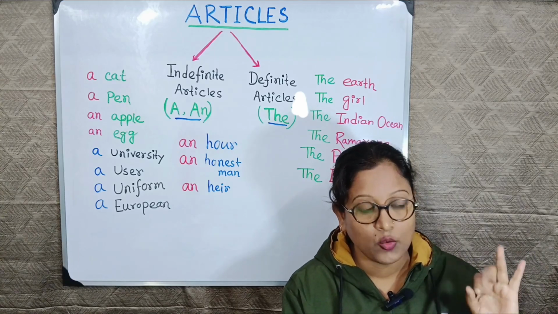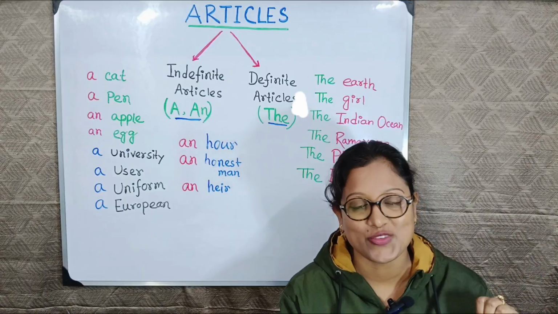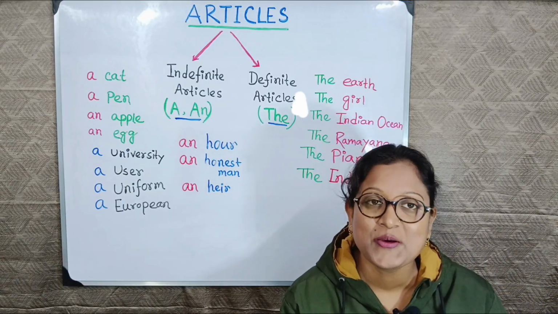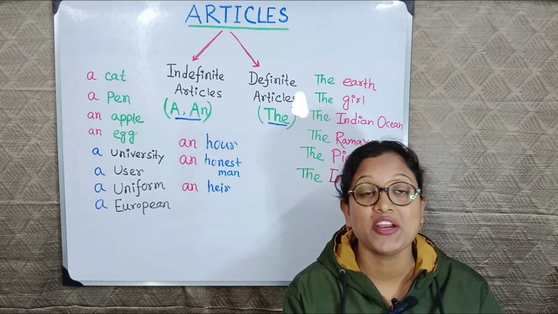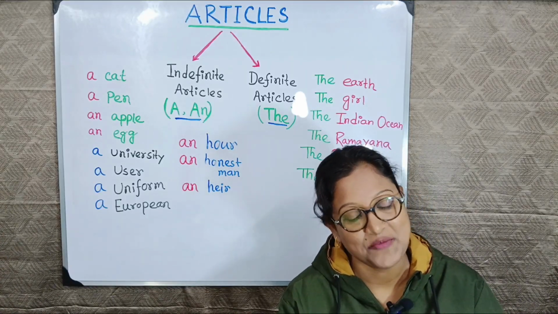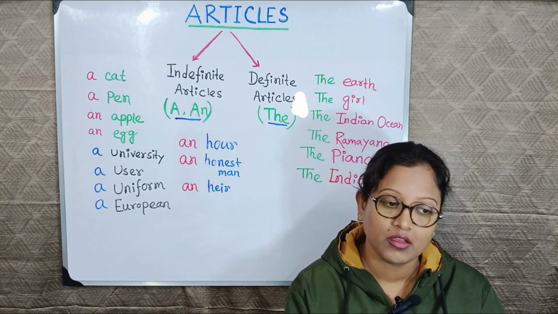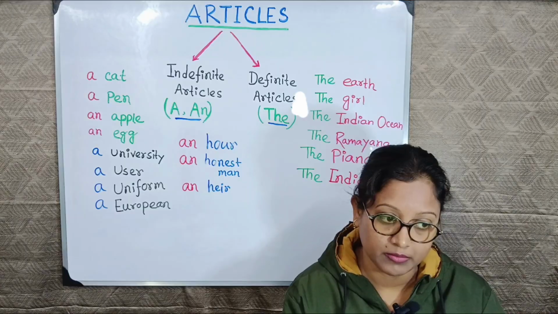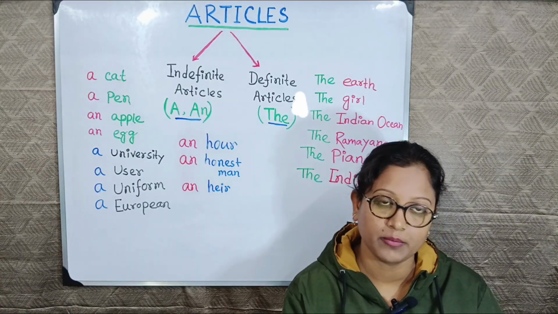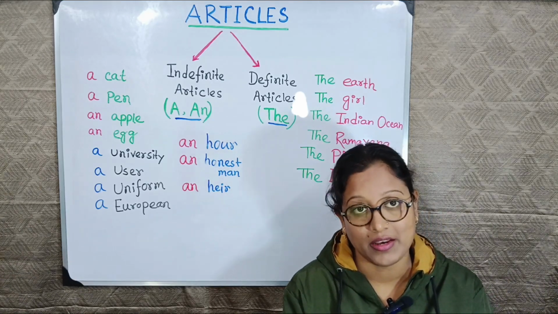Next, while it is denoting the whole class, the cow, the rose, okay? Number 6, before any musical instrument we use the piano, the sitar, the guitar, okay? Before the names of nationalities we use the Indians, the Dutch, the British, the Americans, in that way. Okay. So these are the uses of definite and indefinite articles.